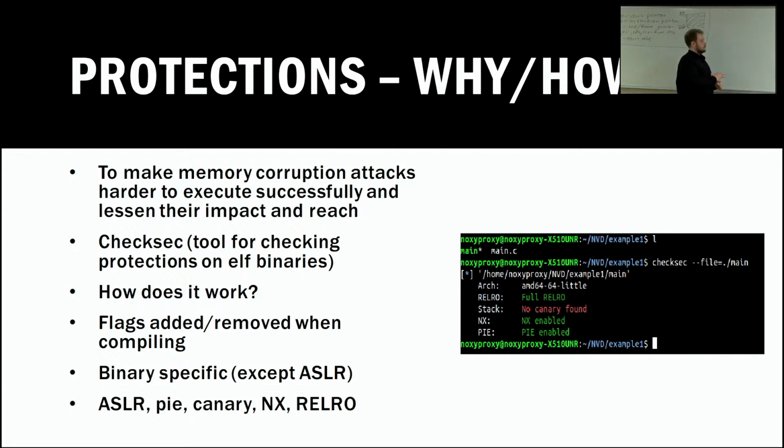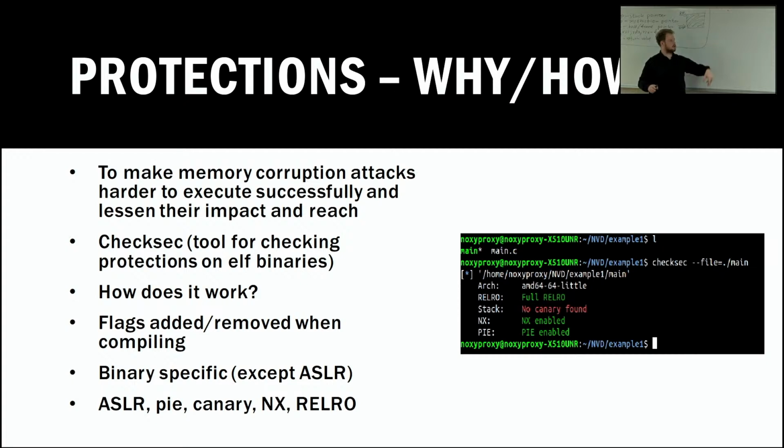So how do they work? Most of the protections we'll be talking about today are binary specific, so you can turn them on or off however you like. The canaries or the PIE or anything, you can turn them on because they are compile time protections. But there is one protection called ASLR that is system-wide.